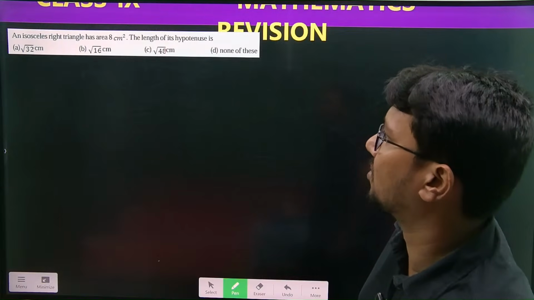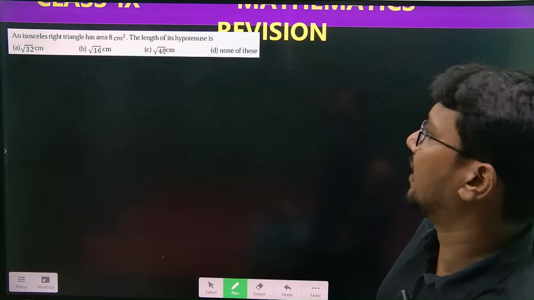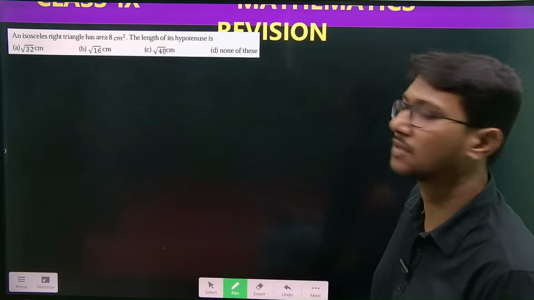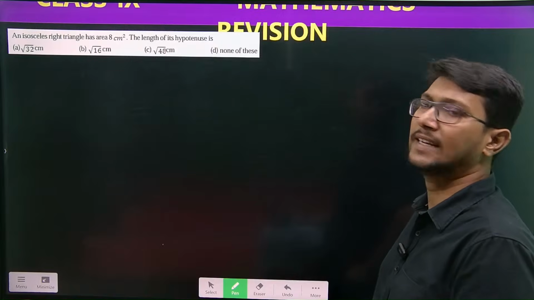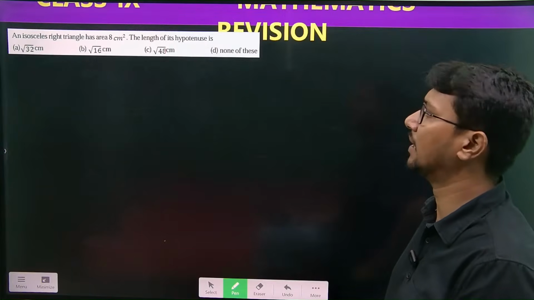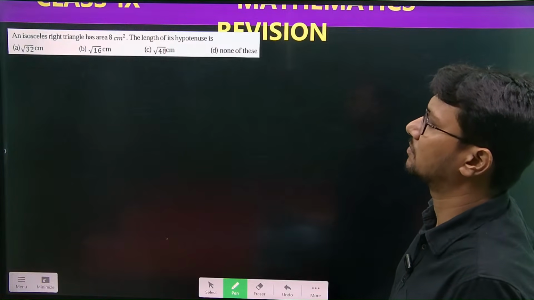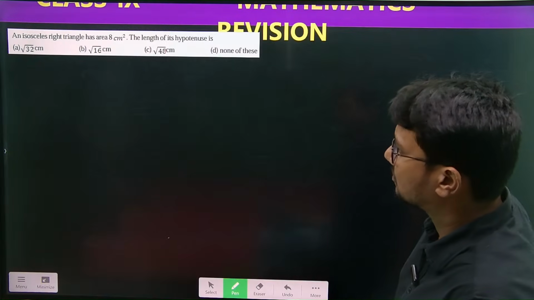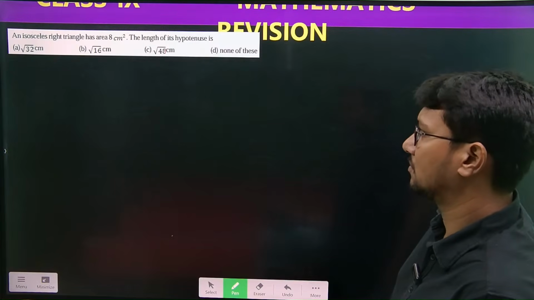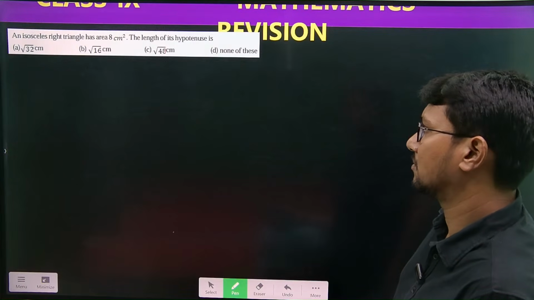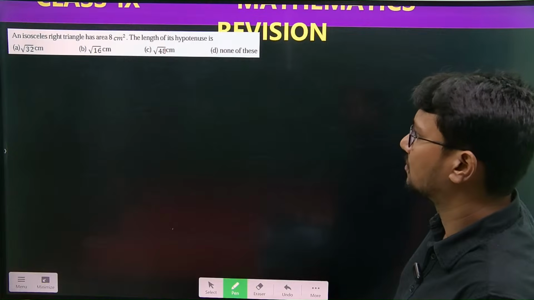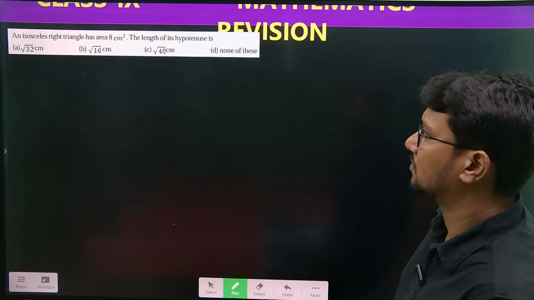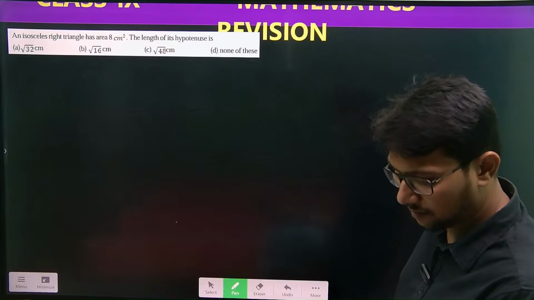Isosceles right triangle बच्चों, given the area is this, so then find the length of its hypotenuse. क्या है आंसर? मिल गया क्या everyone?